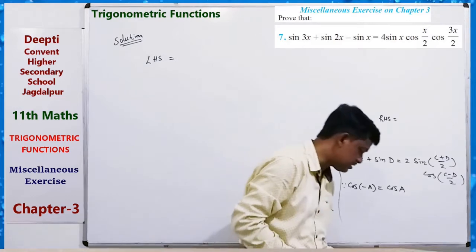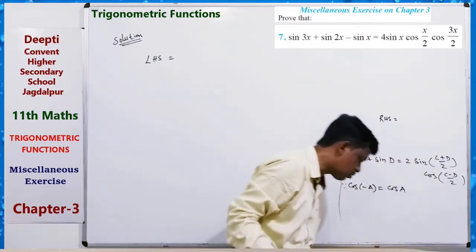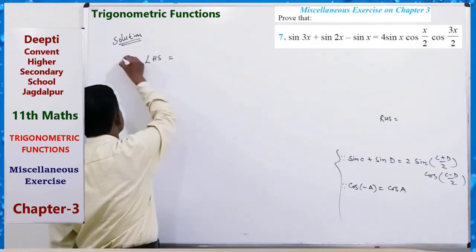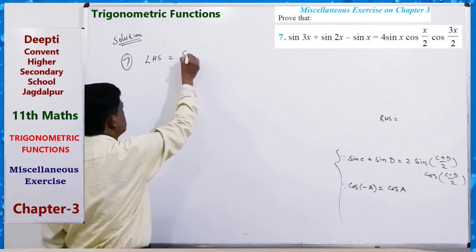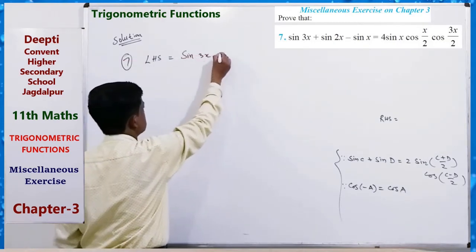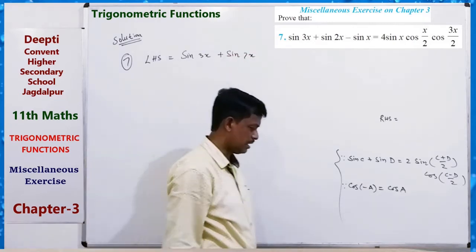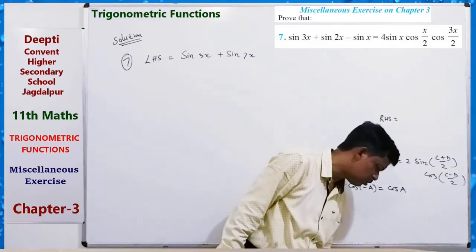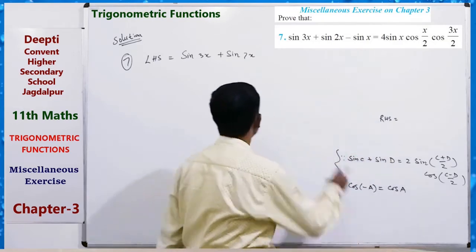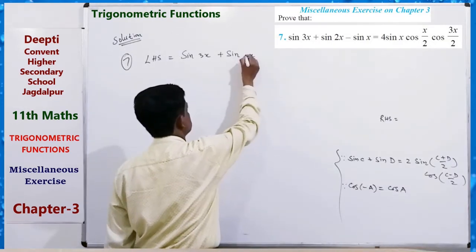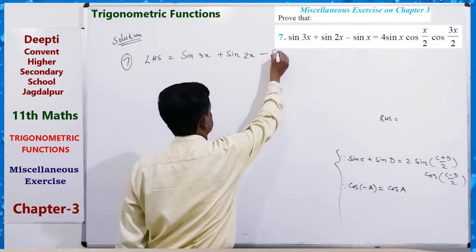For question 7, left hand side, sin 3x plus sin 2x minus sin x.